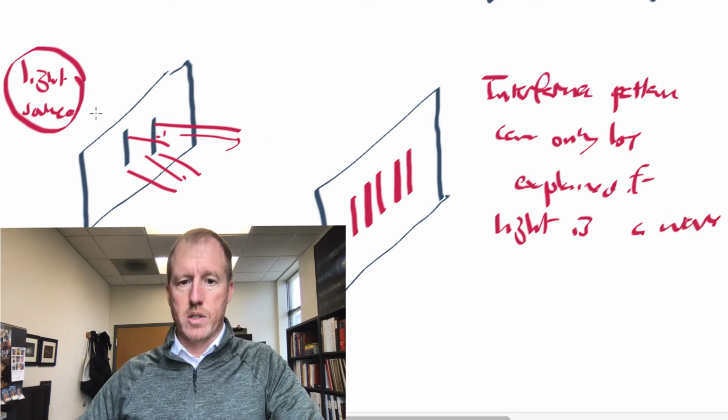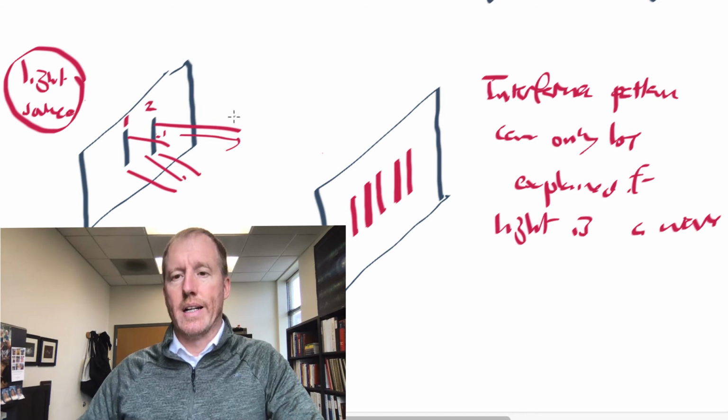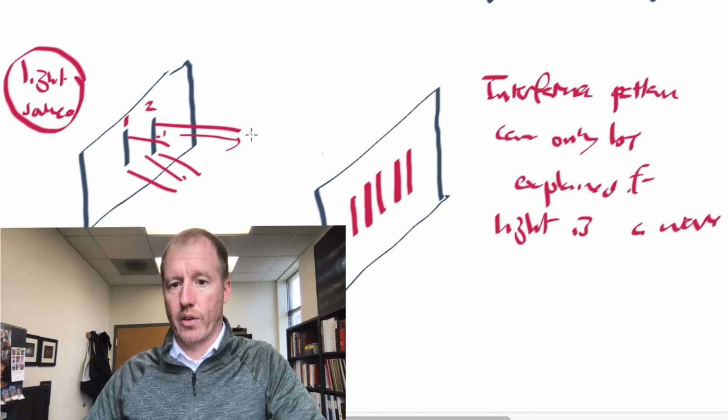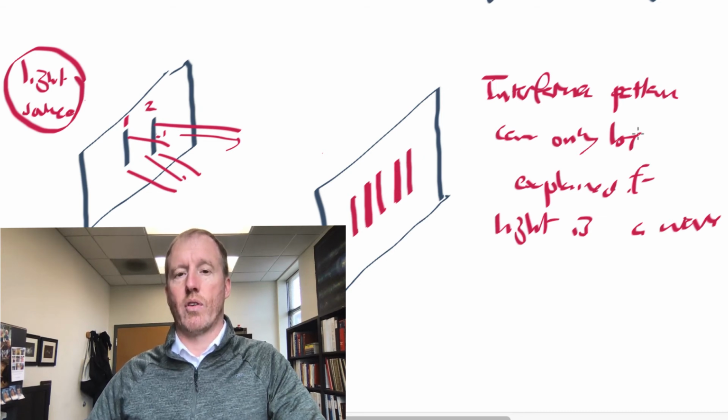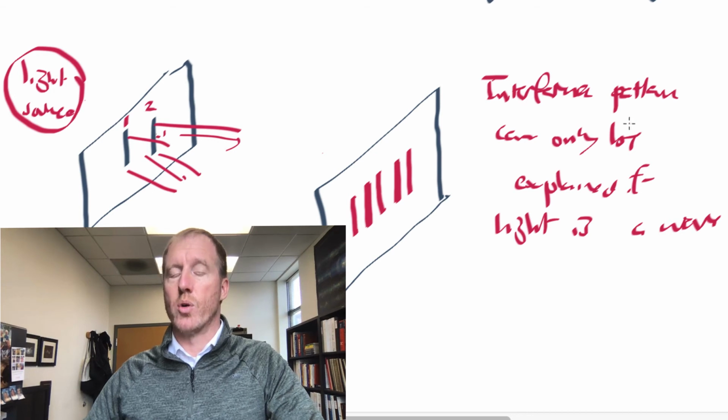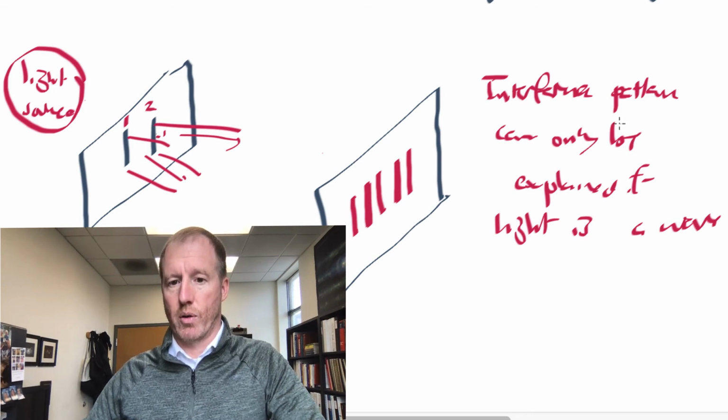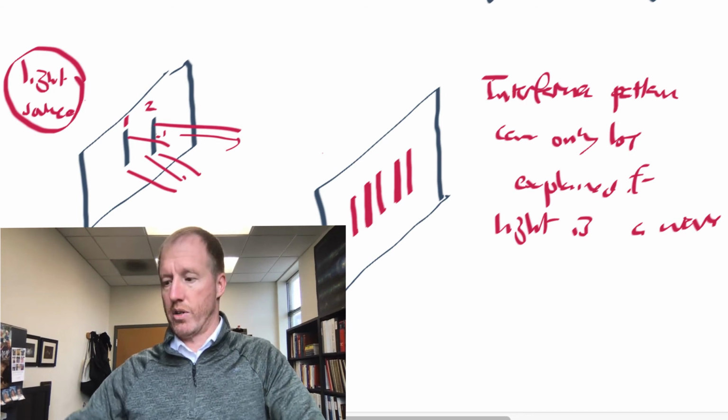That is, if light was a bunch of particles flying through here, you could not have a situation where two light particles coming from slit 1 and slit 2 somehow destructively interfere with one another and cause a dark region and another bright region and a dark region, whereas it's very natural for light waves to constructively and destructively interfere with one another to produce bright and dark fringes.